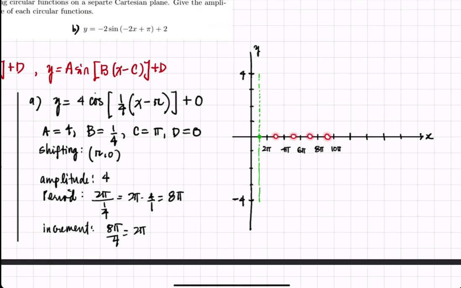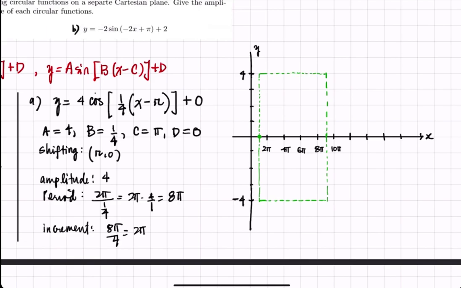So, nandito siya sa pagitan ni 8 and 10 pi. Although, you can have your own tick marks naman, basta madali siyang mabasa. Pero ako ganito ko siya ginagawa para system.